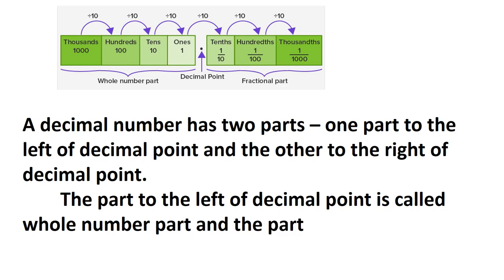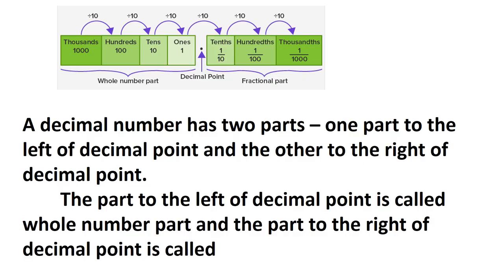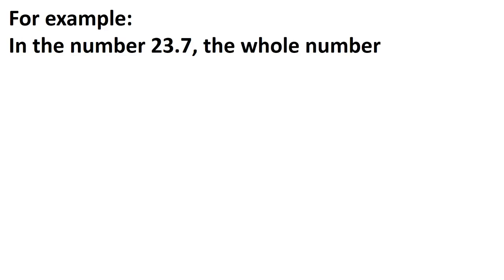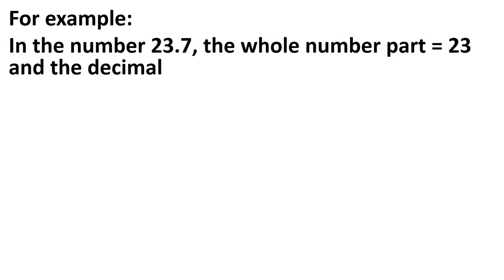You can see it in the above place value chart. And the part to the right of the decimal point is called the decimal or fractional part. For example, in the number 23.7, the whole number part is 23 and the decimal part is 0.7.